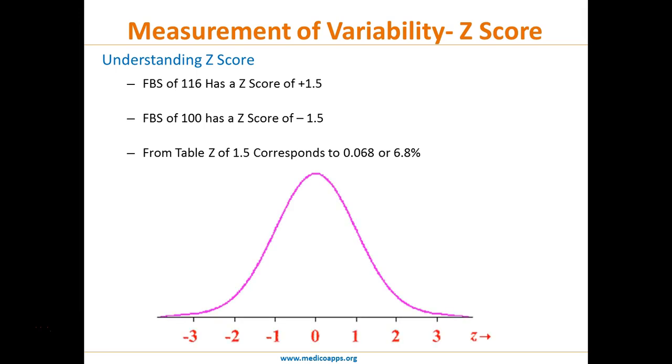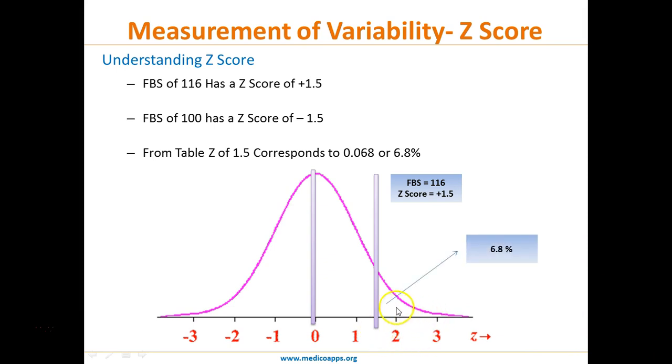So if we graphically represent it, this is our Z value curve. This is the center part, 0, which is equal to the mean. If we see a fasting blood sugar Z-score of plus 1.5, this area is 6.8%.